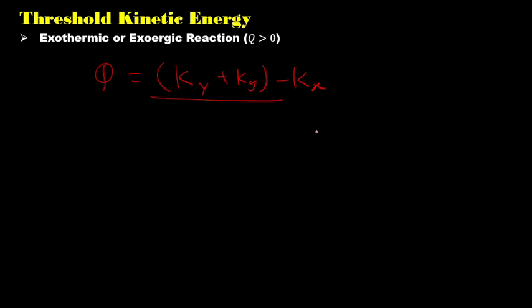When the kinetic energy of the product particle is greater than the kinetic energy of the reacting particle, which is the energy of the projectile only as the daughter nucleus is stationary, then the Q value will be greater than 0. And when the kinetic energy of the product particle is less than the kinetic energy of the reacting particle, the kinetic energy of the projectile particle is consumed in the nuclear reaction and converted into the mass energy of the product particle.